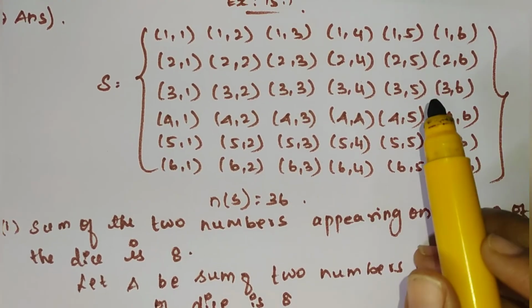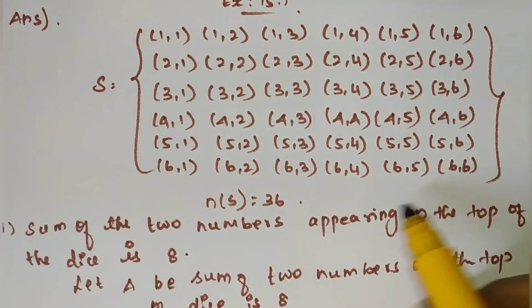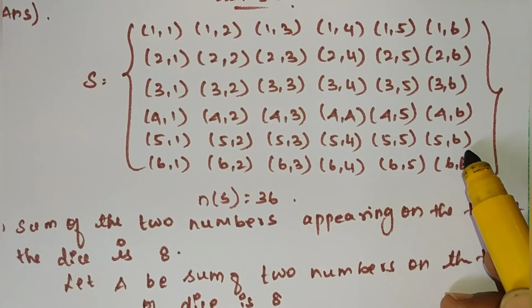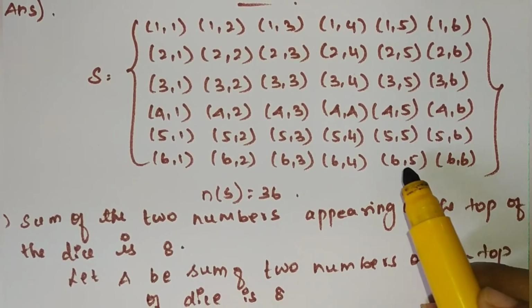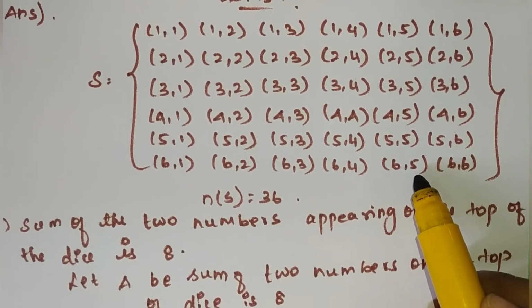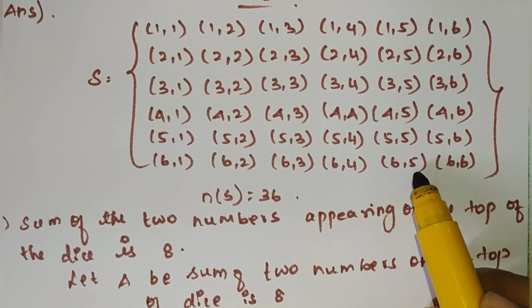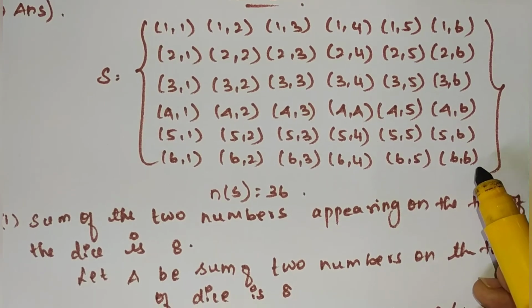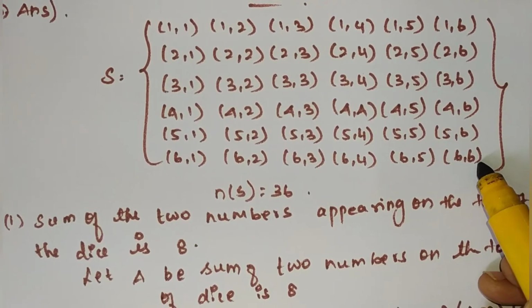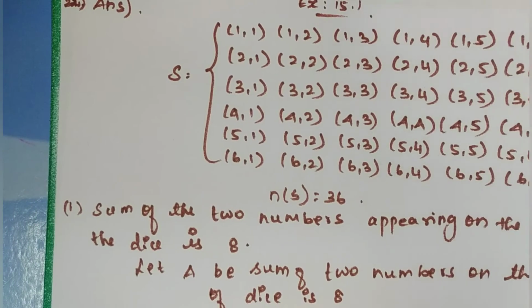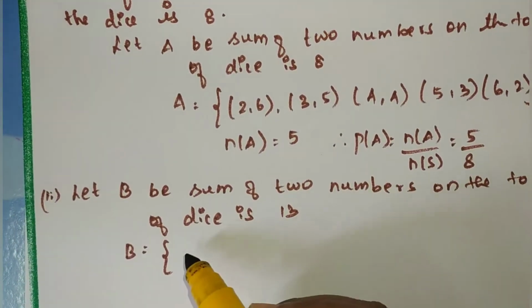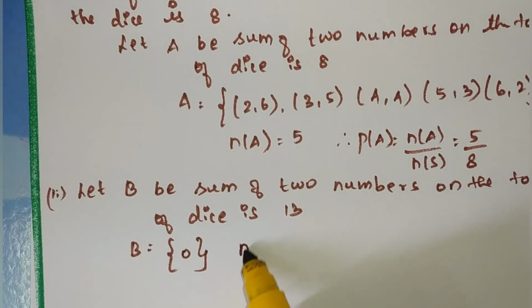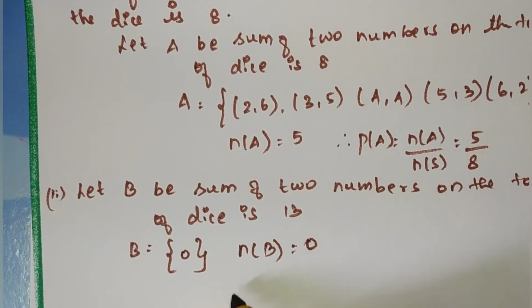How will you get 13? Are there any possibilities? Okay, 5 plus 5 is 10, (5,6) is 11, (6,5) if you add you will get 11, (6,6) is 12. So the last number itself you are getting 12 only, you can't get 13. Null set, 0. Okay, so N of B is equal to 0.